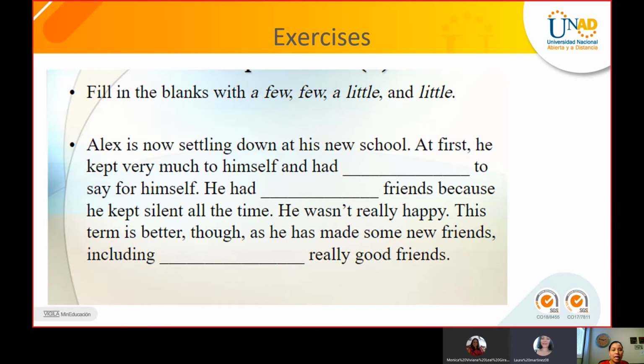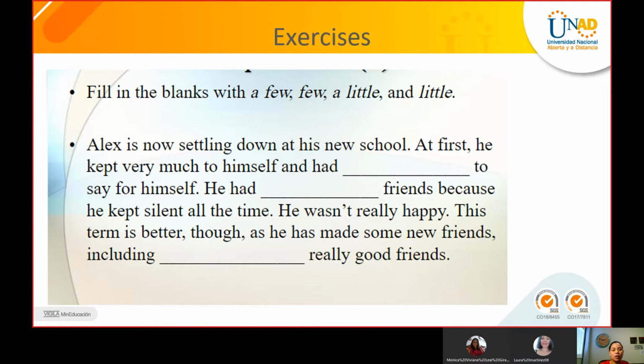At first, he kept very much to himself and had blank to say for himself.